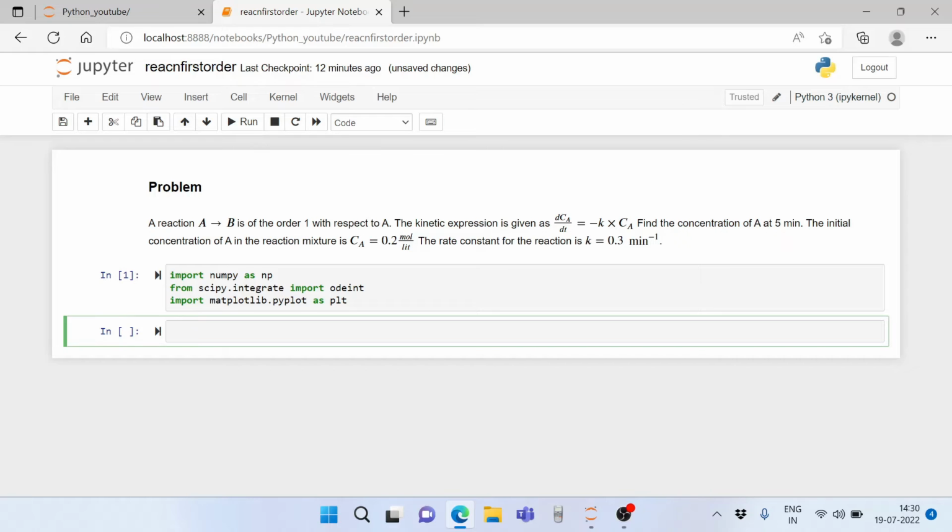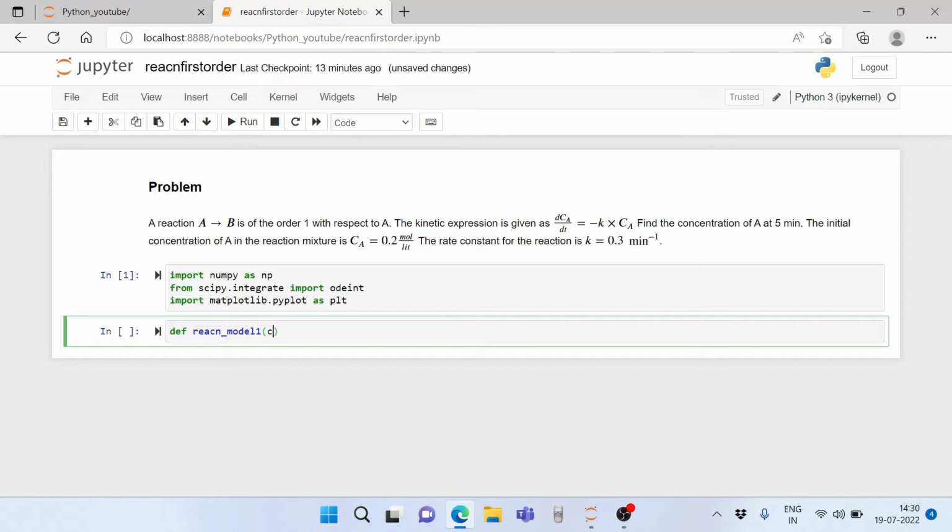Now first we have to write a model. So we write def as reaction model 1, and the first variable in this function is going to be the dependent variable.